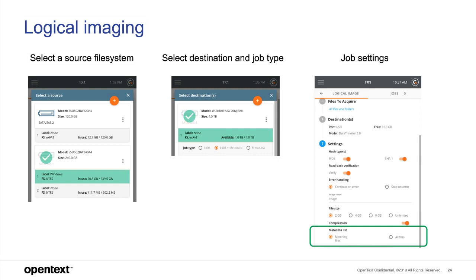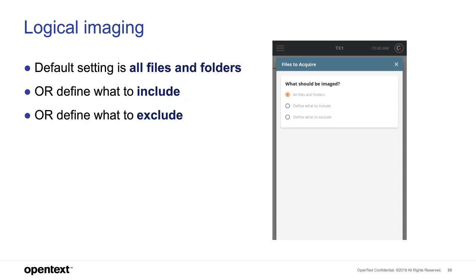In making these kinds of targeted logical imaging operations, TX1 allows both direct selection of the files of interest to acquire and rules-based searches to target specific files based on file type or other criteria. For example, we said earlier that maybe you just wanted the document files on a drive. What does that really mean?